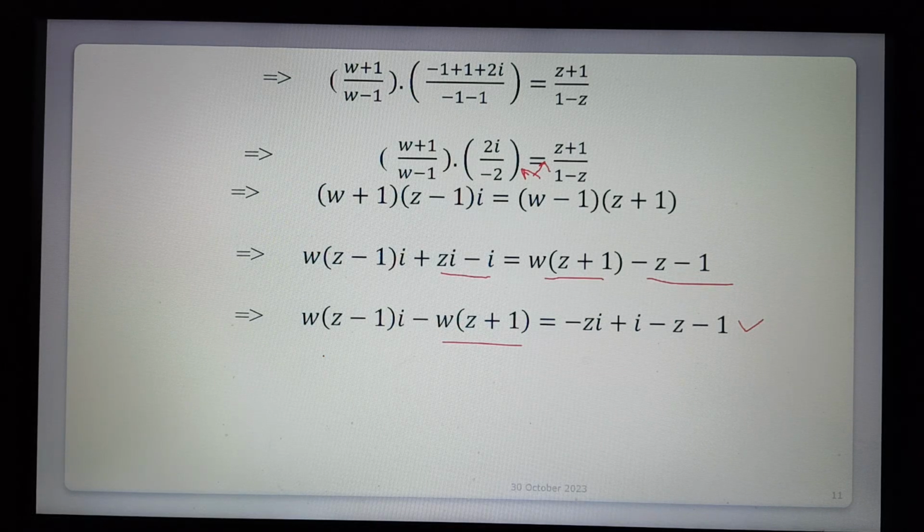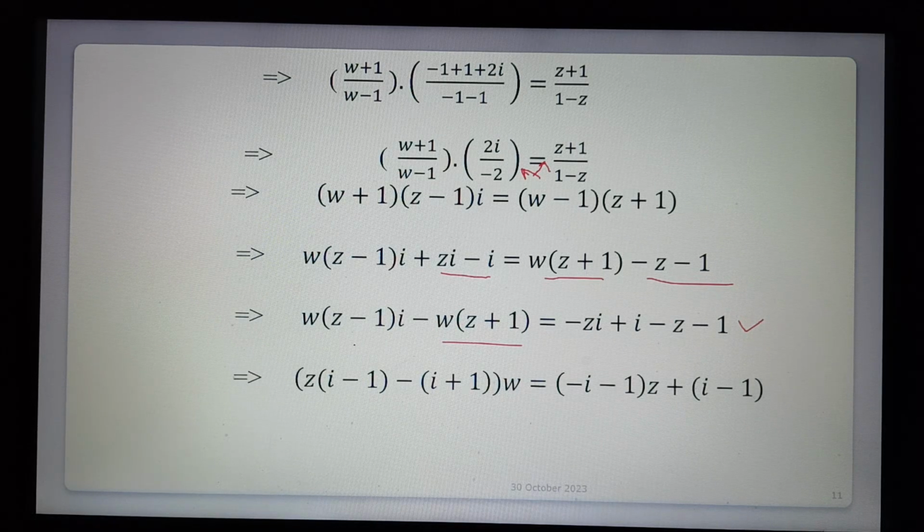Taking w common, and then taking z common: z(i - 1) minus (i + 1), into w, is equal to z common: (-i - 1) plus (i - 1).